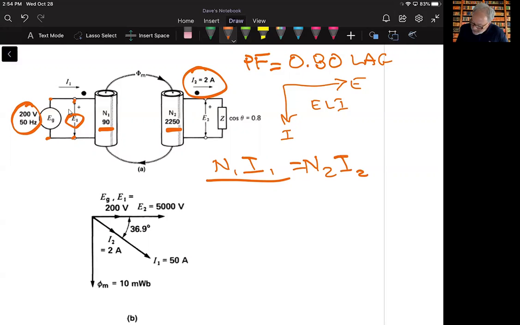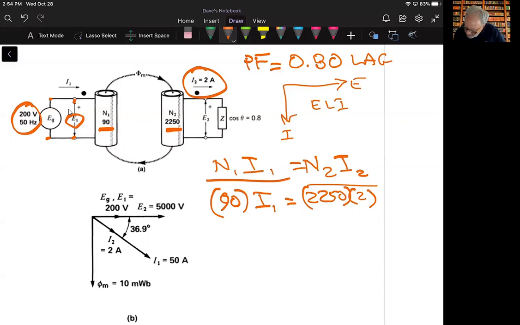Instead of trying to reason it out, we're just going to plug in. I know I have 90 turns on the primary, and I don't know what the current is. I have 2,250 turns on the secondary, and I do know the current there is 2 amps. So I solve this for I1, and I come out with 50 amps.